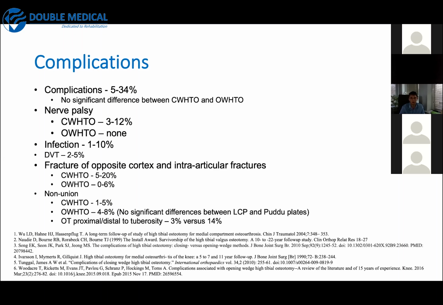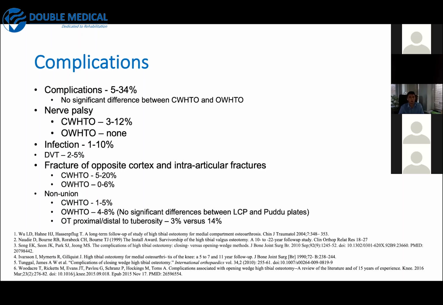Fracture of the opposite cortex and intra-articular fractures are higher in closed wedge osteotomy, but it is better tolerated, because in open wedge osteotomy, fracture of the opposite cortex is a huge problem that increases the non-union rate. And the non-union rate is higher in open wedge osteotomy.